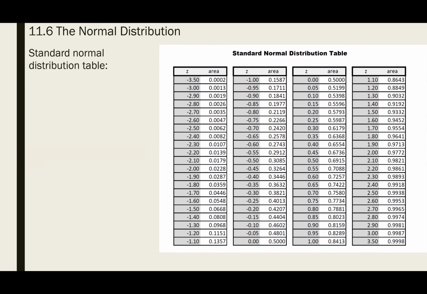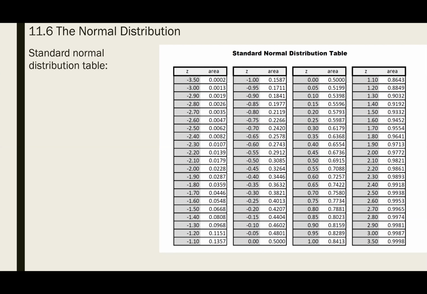And what does this table say? Well, someone came out and did this, and they tell you that if we have a z-score, the standard number underneath the bell-shaped curve, we can find the area to the left.